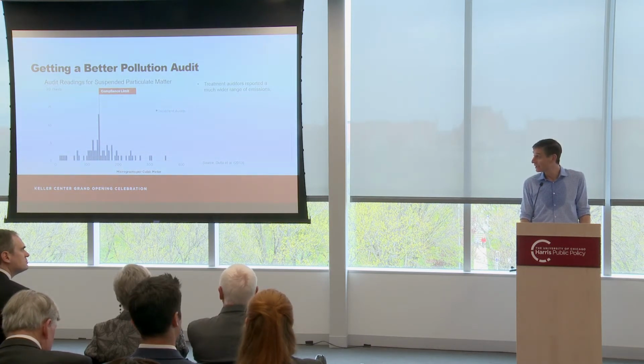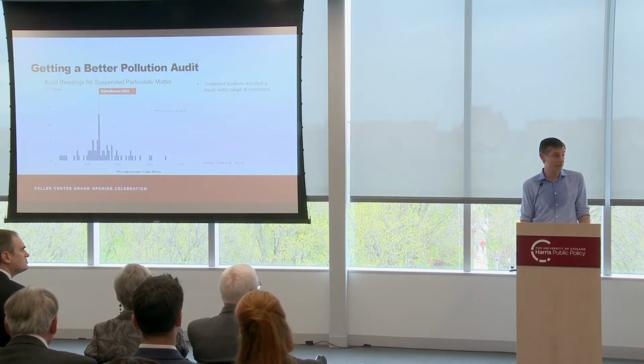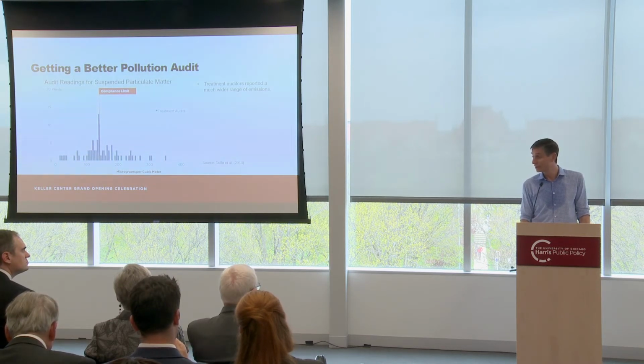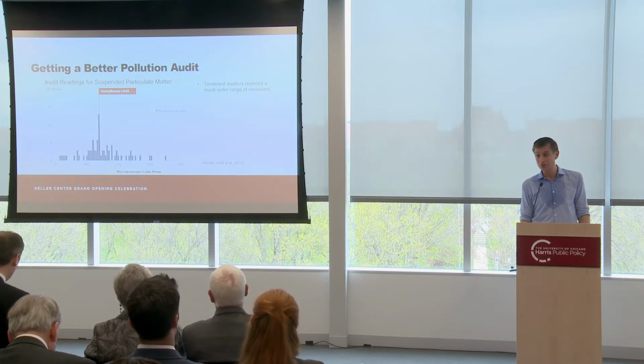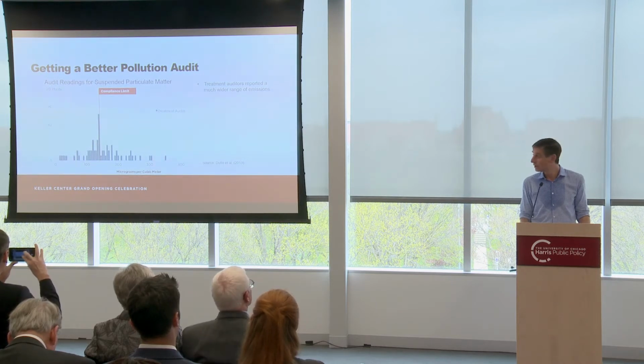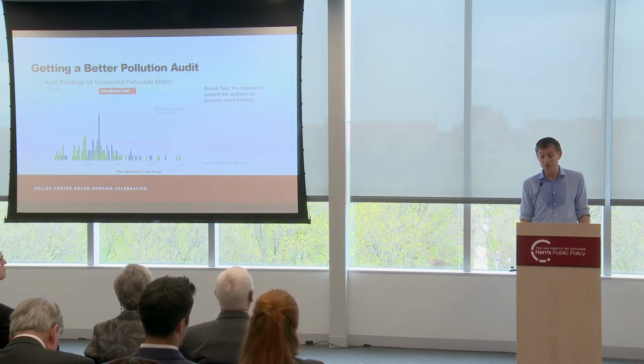What's striking is that they're reporting a much wider dispersion of pollution concentrations. You can see they're reporting a lot of them as being above the standard. You can also see there's some piling up right below the standard. So I don't think we cleaned out all the corruption, but we're getting a much more honest telling, it seems. And remember, we can check this because we also had the back checks.